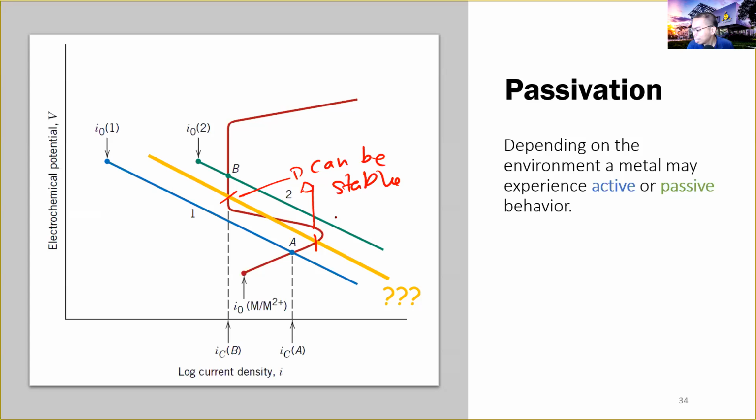Oh my God, lamig. So digest niyo siya muna. So these two can be stable. This is not stable, can be stable, but we don't actually know whether passive siya or active in any point of time just from the polarization curve. We need to look at the system. Since nakita natin sa systems na ganyan yung behavior, it actually shifts from active to passive periodically depending on the environmental conditions.